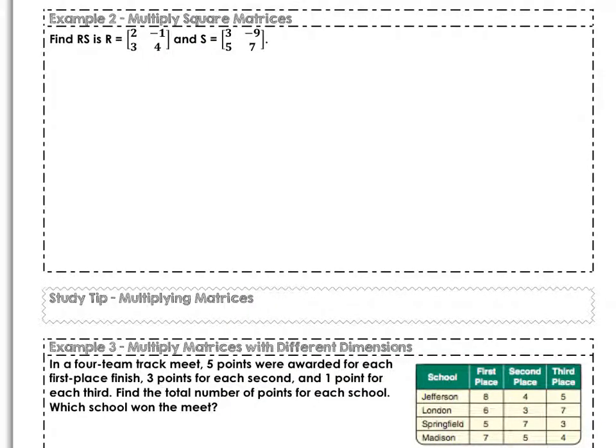All right, now we're going to look at example 2 where we're actually going forth and multiplying matrices. Good key thought here, square matrices can always be multiplied. The way we multiply matrices is we multiply rows by columns. And if it tells me to find RS, it's telling me multiply R by S. Now you're going to notice that I'm actually going to set this up a little bit differently than your textbook does.